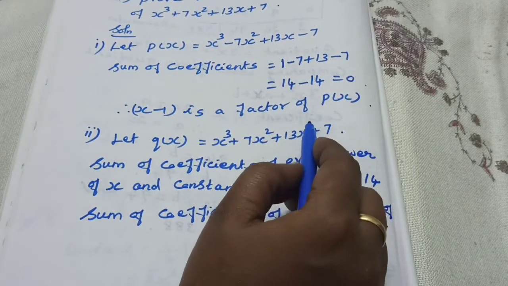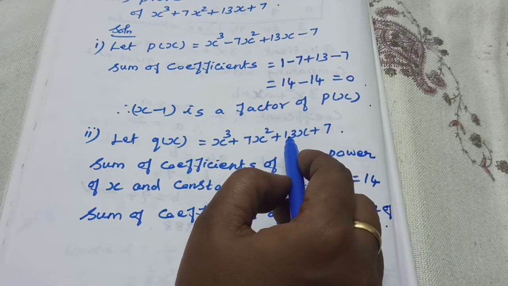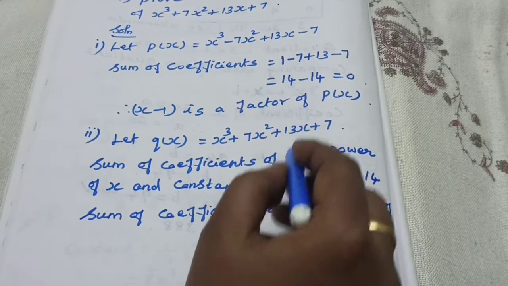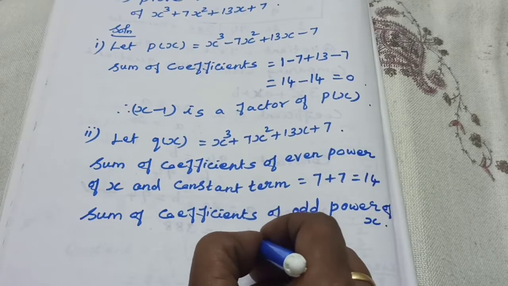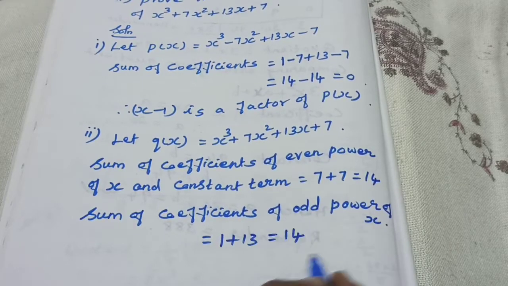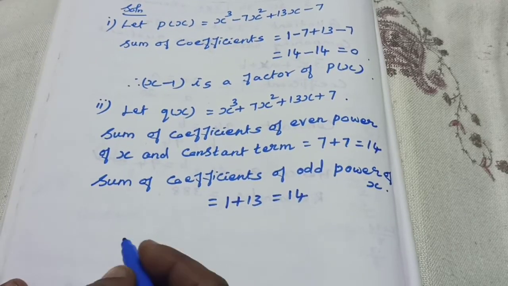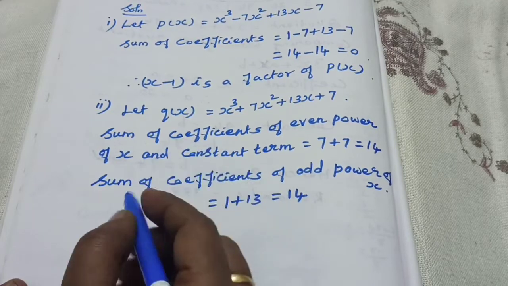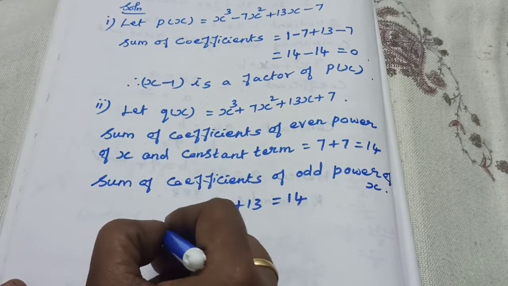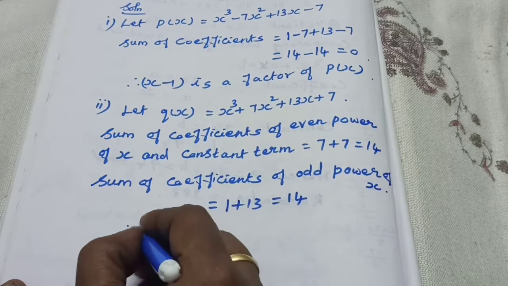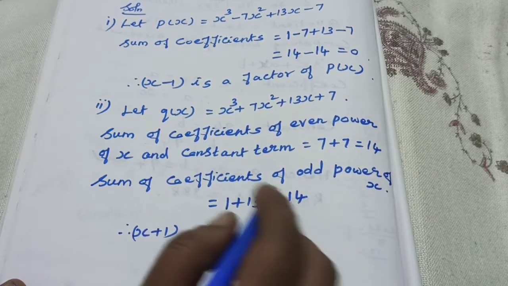Then next one, x to the power 1 is an odd power, and the coefficient is 13. 1 plus 13 is equal to 14. Correct? And then at once what we can write? Therefore, x plus 1 is a factor of q of x.